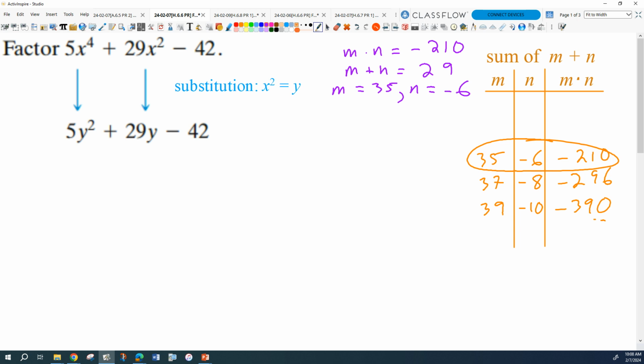Like if I'm going to let 29 split into 35 minus 6, well, if I'm going to multiply that whole thing by y, I would just distribute the y, wouldn't I? So it makes sense that we're actually splitting that middle term into these two coefficients, right?